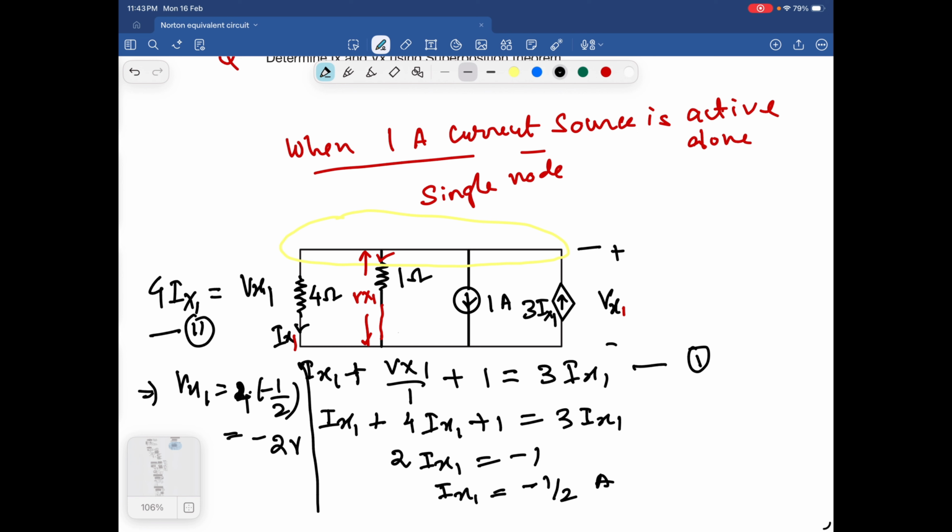So what I have got is Ix1 equal to minus half ampere and Vx1 equal to minus 2 volt. These two are important.